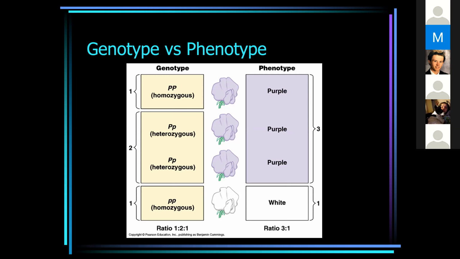In this case, the genotype is a ratio of 1 to 2 to 1. One symbol is P, so it's 1 big P big P, 2 big P little p, and 1 little p little p. And it's only the little p, the recessive, when the recessive trait is homozygous, that you see the recessive phenotype, white.